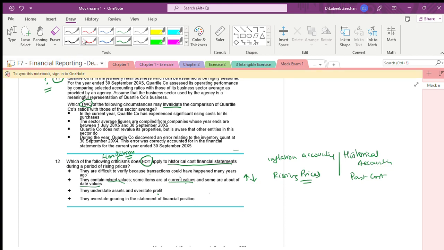This does not apply. They are difficult to verify because transactions could have happened many years ago. See, historical cost says that it is the past transactions.